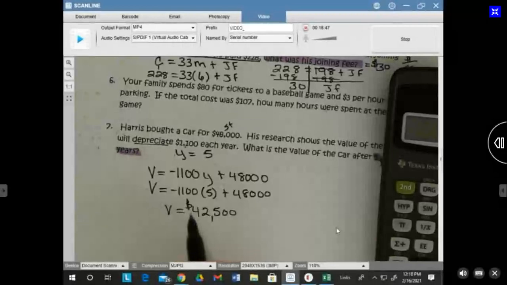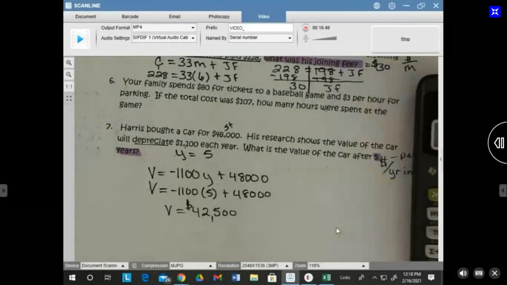The car has a value of 42,500 after 5 years.